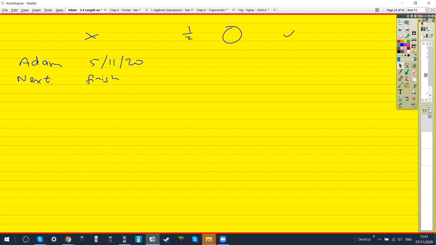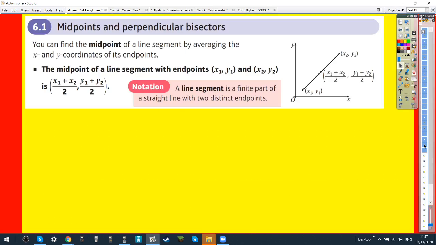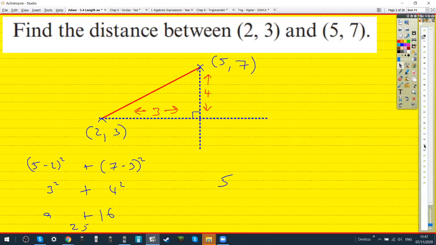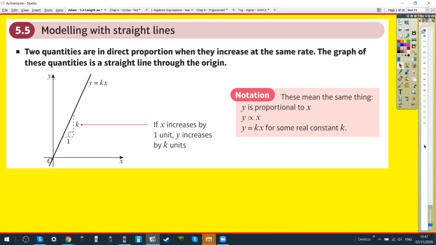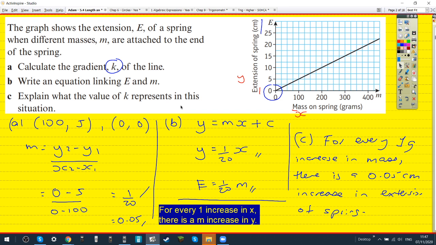So let me, 1 second. So modeling with straight lines, yeah. If x increases by 1 unit, y increases by k units. So that's how you can interpret the gradient.